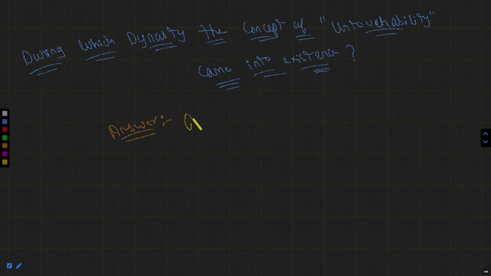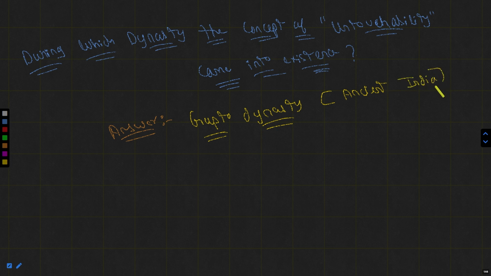So the answer is the Gupta dynasty, during ancient India. Okay, during this time, basically the concept of untouchability came into existence.